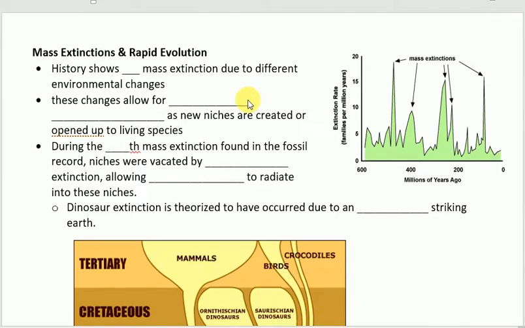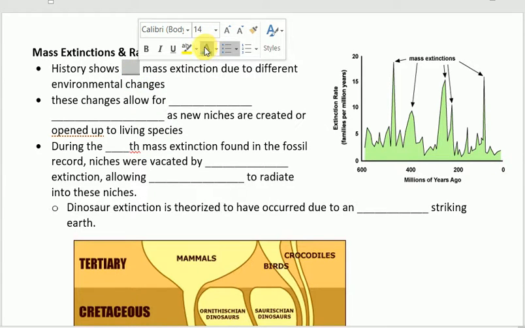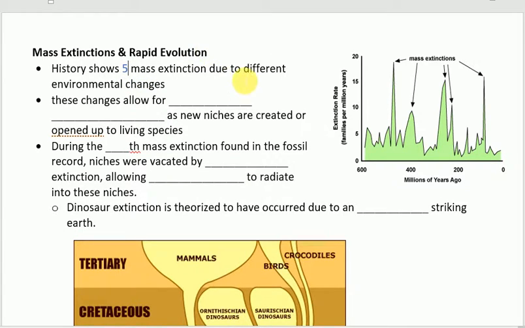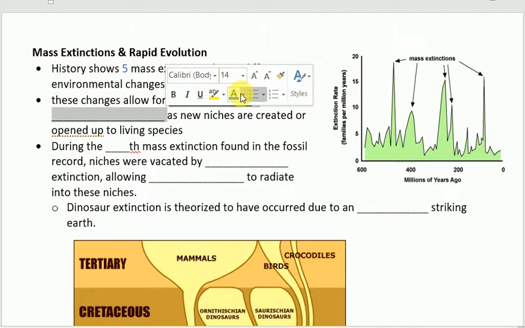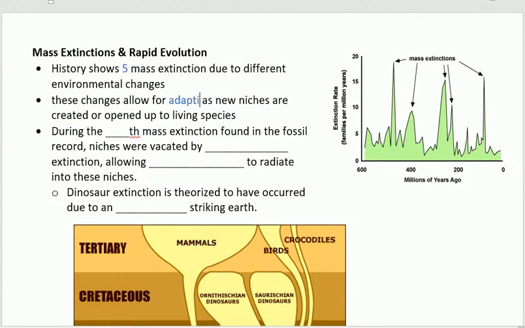So let's talk about mass extinctions and rapid evolution. So history shows that we have actually had 5 mass extinctions due to environmental changes. These changes are going to allow for what is called adaptive radiation as new niches are created or open up to living species.